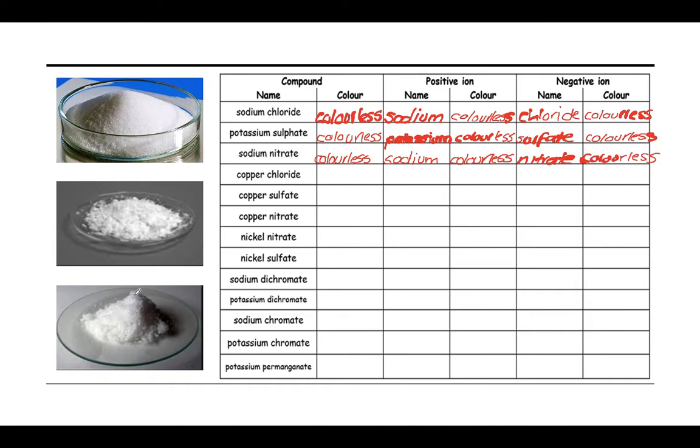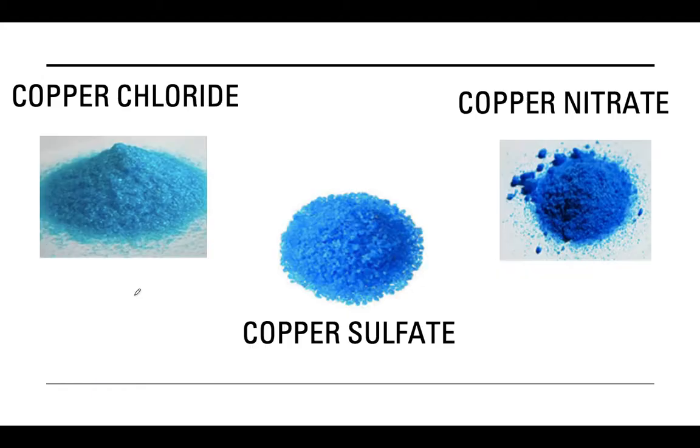So let's look at something that is slightly more interesting. I have copper chloride, copper sulfate and copper nitrate. Now, unlike sodium chloride, potassium sulfate and sodium nitrate, these all have colour. They are all blue.